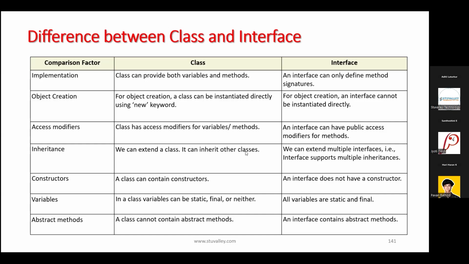A class can extend only one class, so it can inherit from one other class. We can extend multiple interfaces, that is, an interface supports multiple inheritance. A class can contain constructors, an interface does not have a constructor. In a class, a variable can be static, final, or neither. All variables are static and final in an interface. A class cannot contain abstract methods.